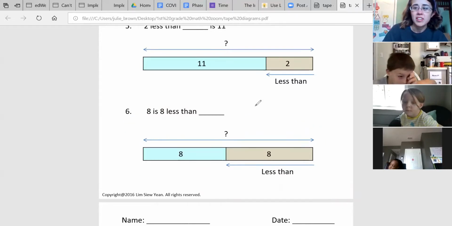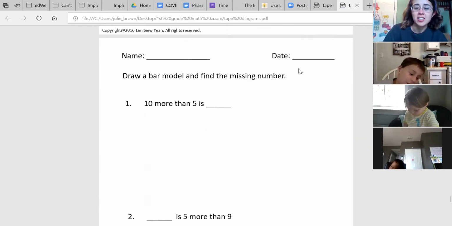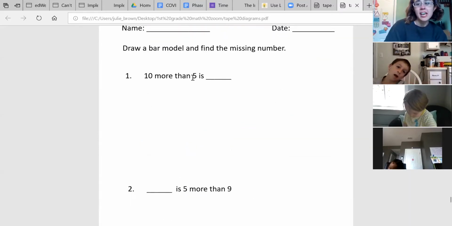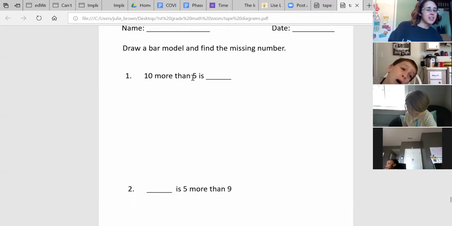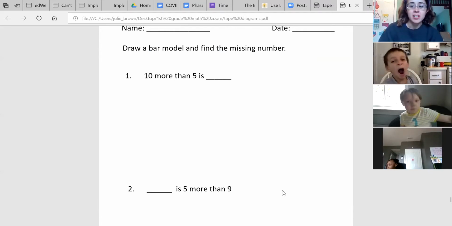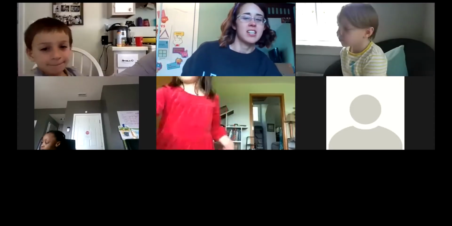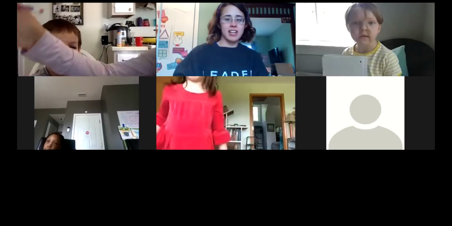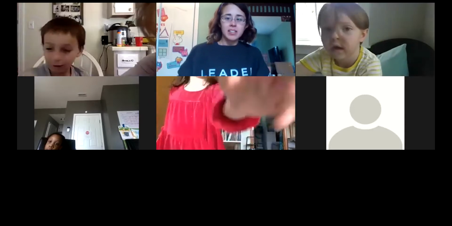With the next page, it was asking us to draw models. If you have 10 more than 5, you already drew tape diagrams. Want to hold it up to the screen? 10 more than 5. The draw will just give the answer.